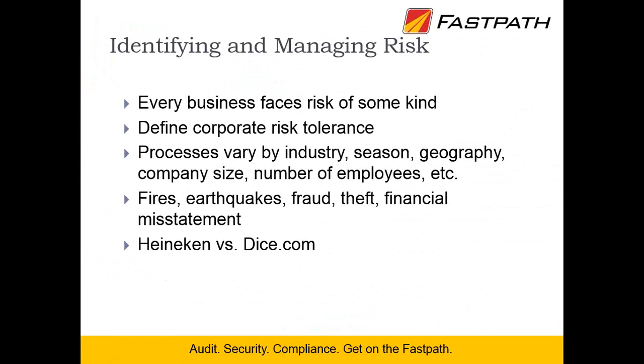So Heineken's risks are very different than Dice's risks, but they're both large organizations that have risk management. So every company on this call today faces risk, but it's going to be very different for every single company that's on the call.